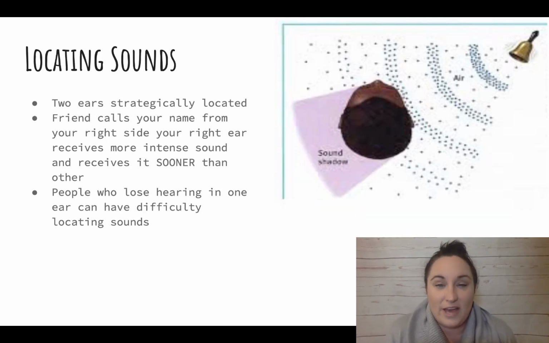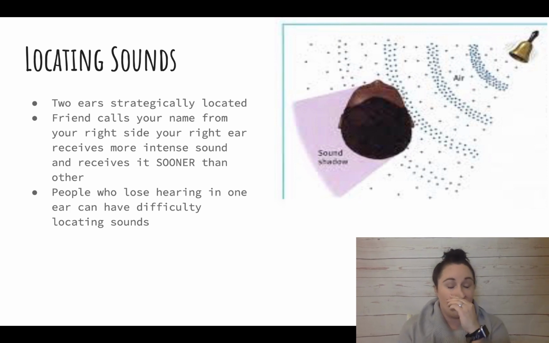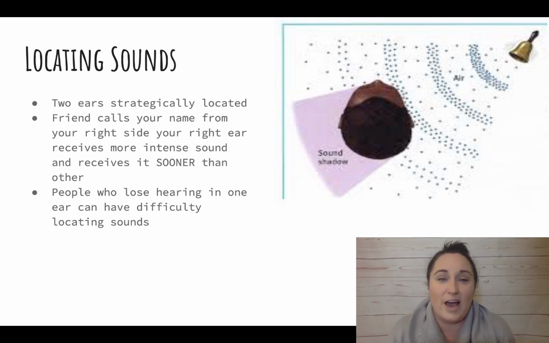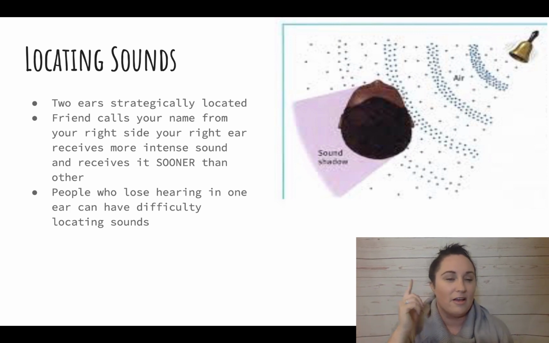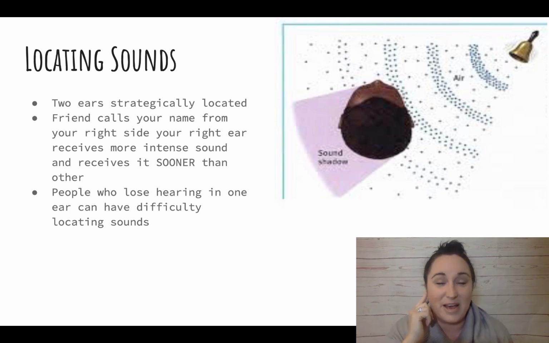So how do we locate sounds? We have two ears for a reason. If you only had one working ear, then you would have trouble at times knowing the location of someone. If you're in the dark and you are trying to locate someone or a sound of some sort, your ears are sending your brain information that you're not necessarily consciously processing, right? So if you hear sound from over here, this ear gets the message first.